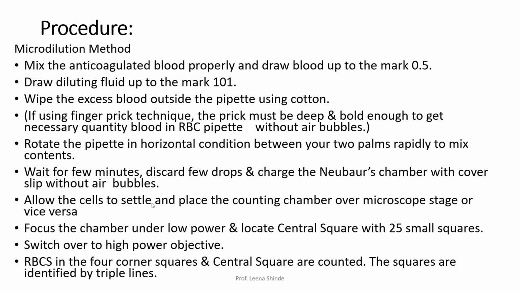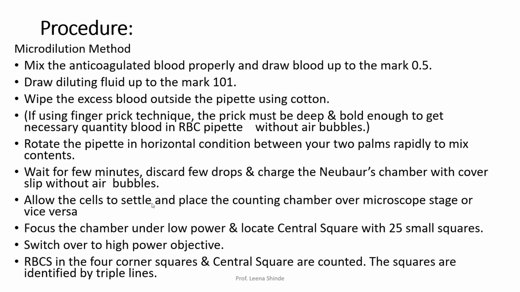After taking the blood sample and diluting fluid, hold the pipette in a horizontal position between your two palms and rotate it to mix. Wait for a few minutes and then discard the first few drops up to the 1 mark because there is only diluting fluid present. Then charge the Neubauer chamber with the cover slip without air bubbles.